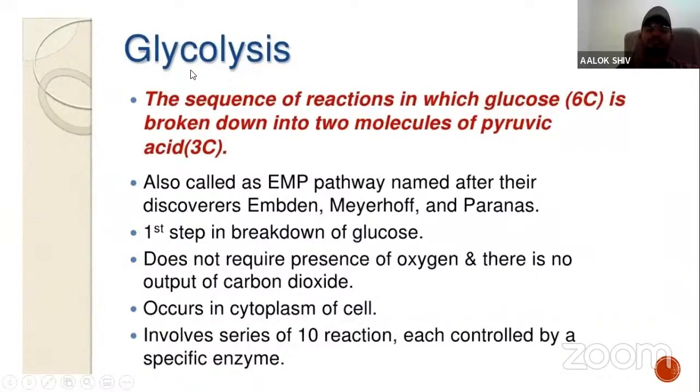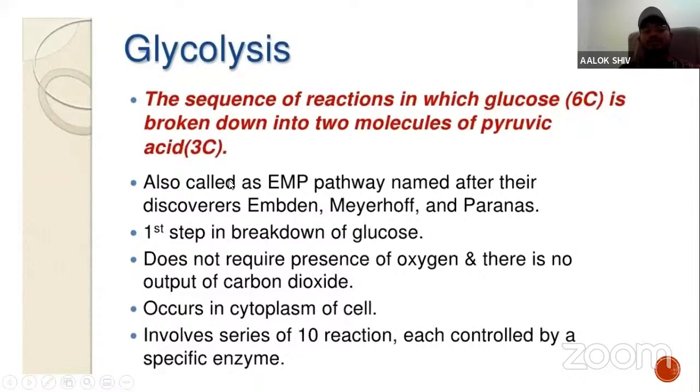From the exam point of view, you have to remember that in glycolysis, glucose is broken down into two molecules of pyruvic acid. In the exam they will ask what is the final product formed during glycolysis. The answer is two molecules of pyruvic acid.